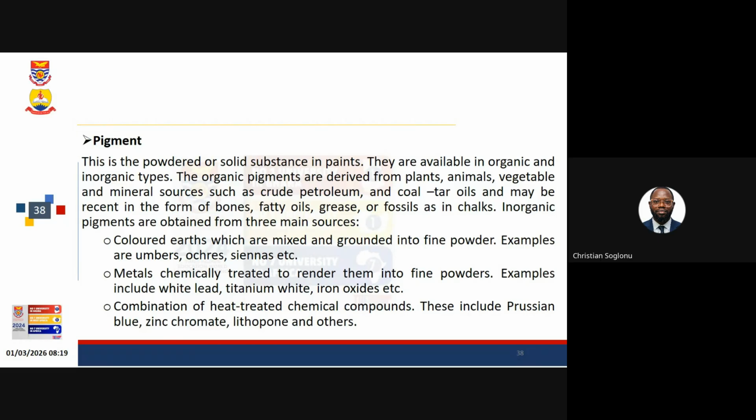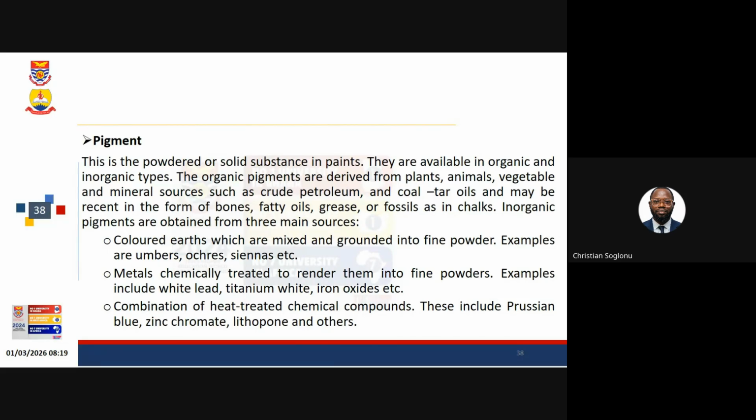Color earths, which are mixed and ground into fine powder. Examples are ambers, ochres, and siennas, etc. Metals chemically treated to render them into fine powder.